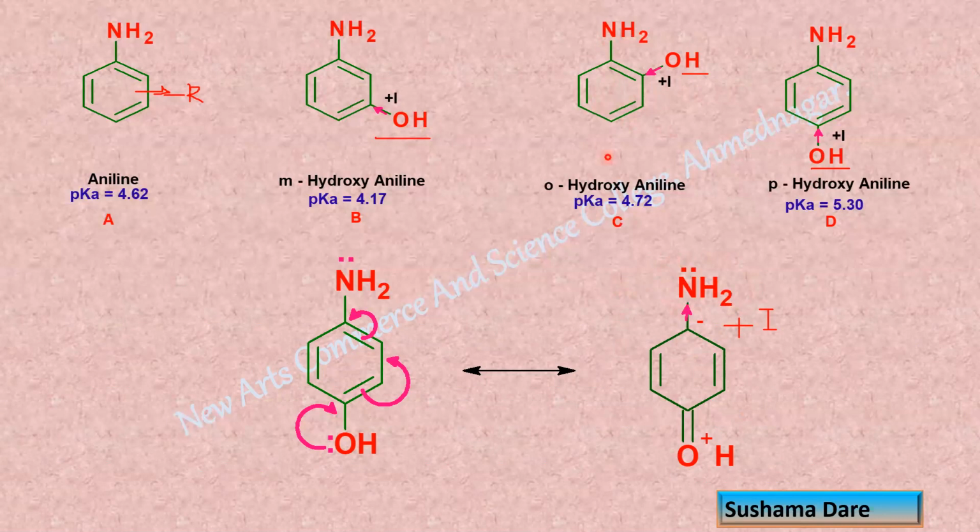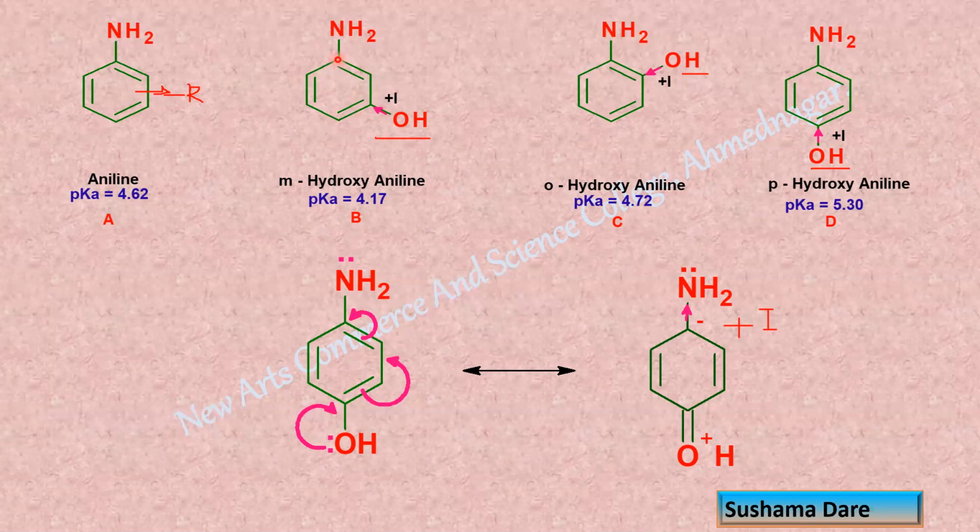So that is true with respect to orthohydroxy and parahydroxy, but it is not possible in case of a metahydroxy group because it increases the electron density on this carbon which is para with respect to this hydroxy group. So you have a negative charge on this carbon, not on this carbon.